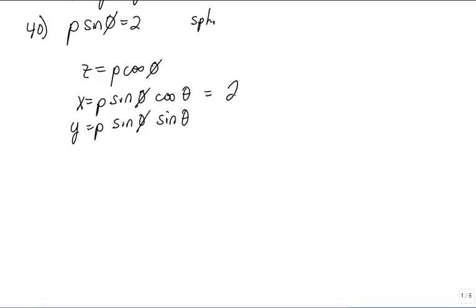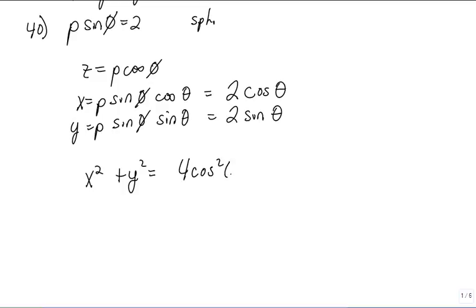So that's just 2 cosine theta, and this is just 2 sine theta. So if I square them, I get 4 cosine squared theta plus 4 sine squared theta. But cosine squared plus sine squared is 1. You can factor that out and just get a 4. So this is also a circular cylinder because the traces are circles.